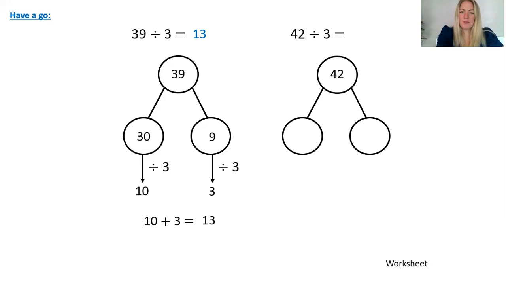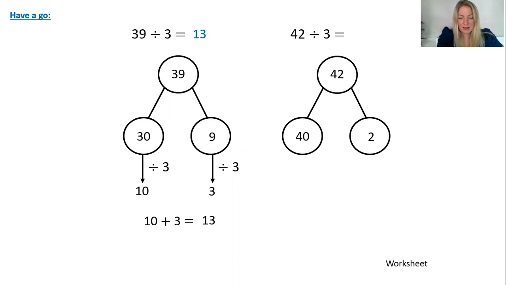So what happens when we divide 42 by 3 using this method? Usually we would partition the 42 into tens and ones, so 40 and 2, but we can't easily divide 40 or 2 by 3.